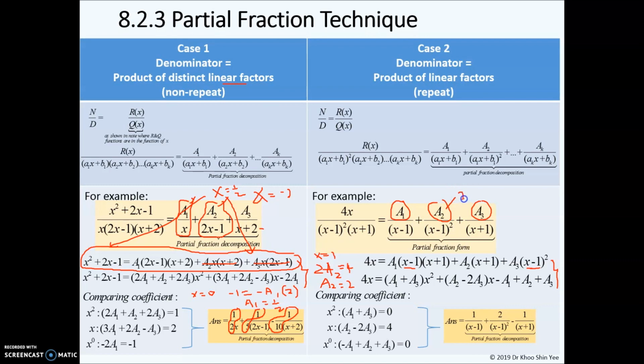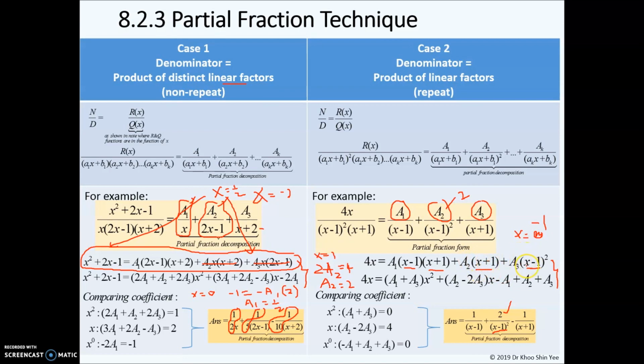So we can substitute a2 equal to 2 here. You get 2 over (x minus 1) to the power of 2, which is this term. And you can continue. Let x equal to, let's say in this case, -1. So this one, you substitute this term, cancel 0, and then this term also cancels 0.